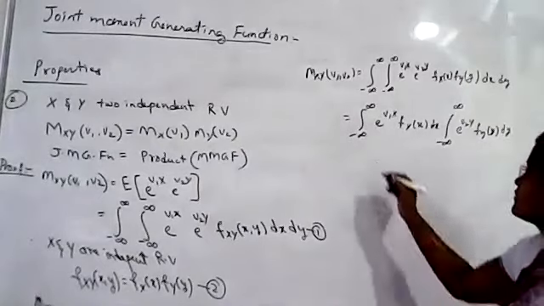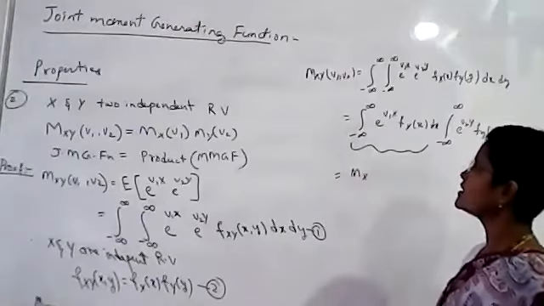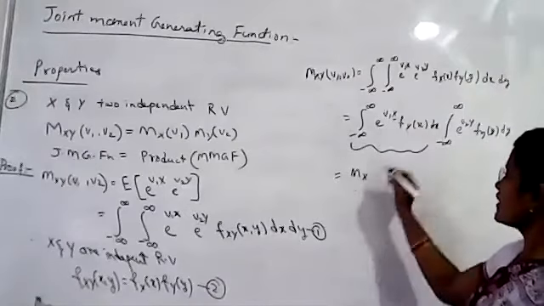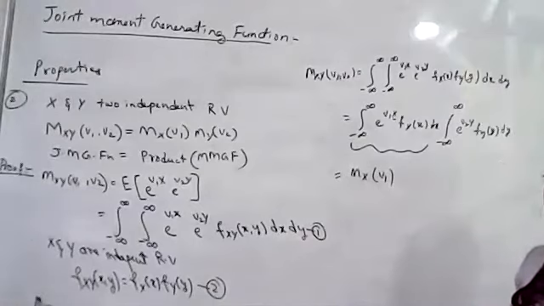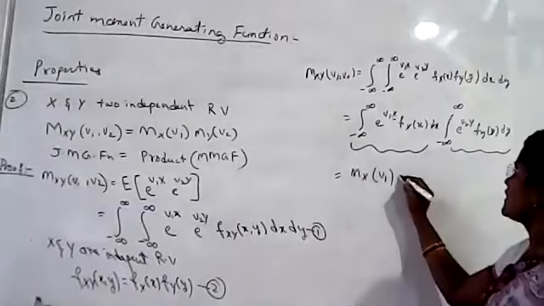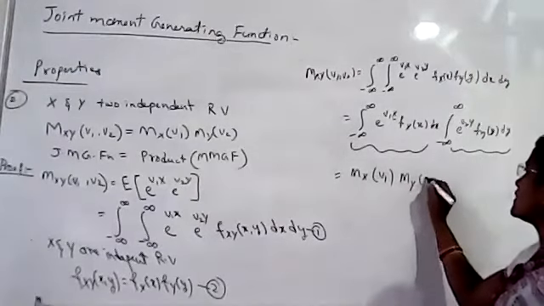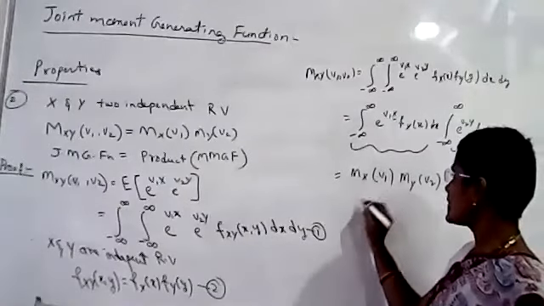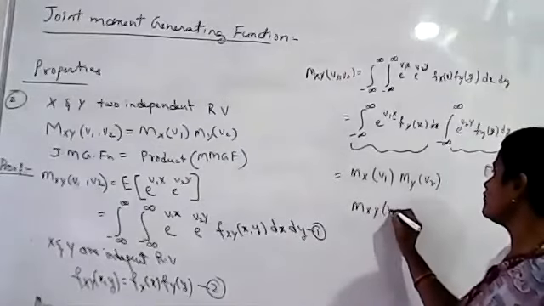Now if you observe this equation, this is the equation for finding the marginal moment generating function. See this, it is a function of x, so it is M_X, and we have variable v1, so it is M_X of v1. The second one is a function of the random variable y, and it is a function of v2, so this can be written as M_X of v1 into M_Y of v2.